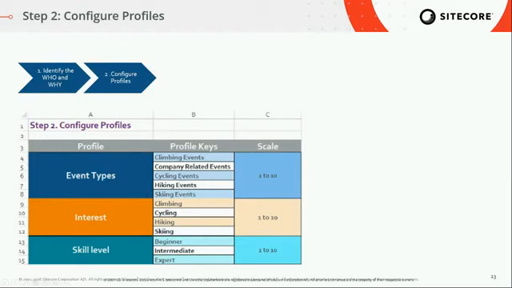Those profile keys fit within the profile category. Cool. For interests, we have climbing, cycling, hiking, skiing. 4 different profile keys for the interest category. And for skill, we have beginner, intermediate, expert. 3 profile keys for the skill level profile.